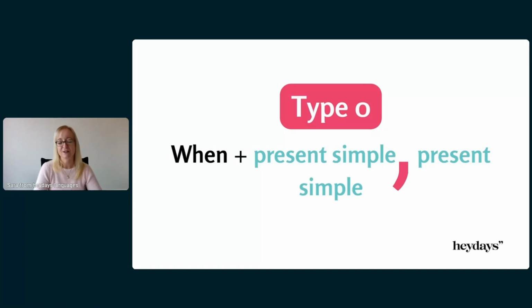If I am late for a lesson, I send my students a message. So if I am late, simple present, I send, simple present. But we're listening not to the structure this time, but to the meaning. If I'm late, I send them a message, or when I am late, I send them a message.